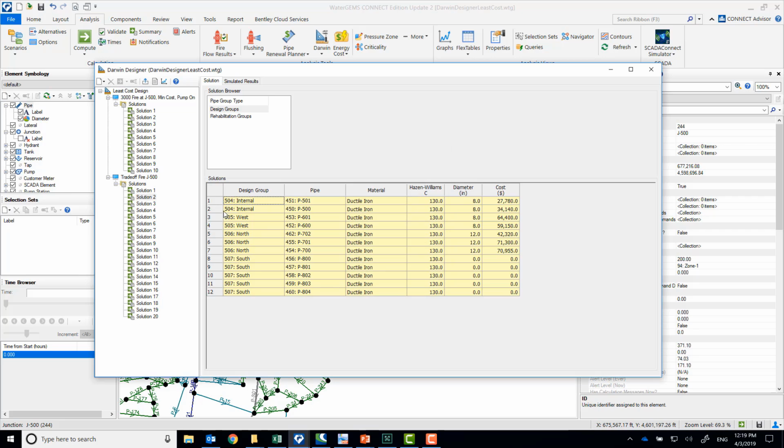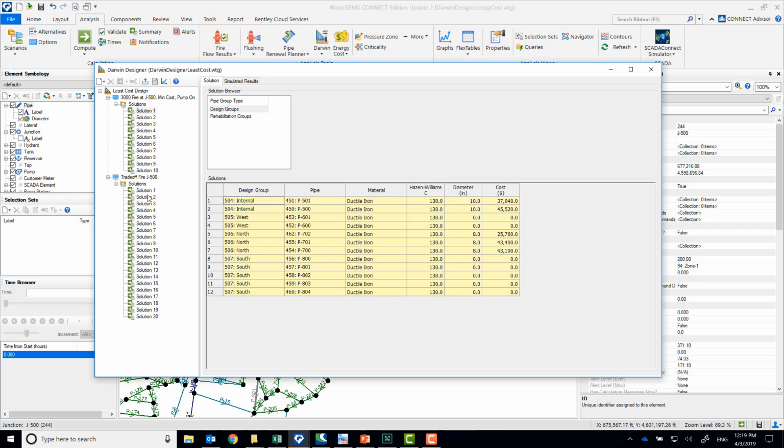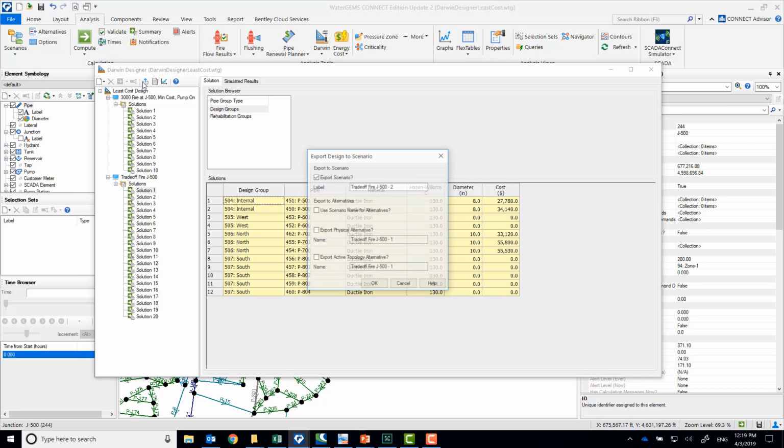So let me re-export those. Okay, so this is going to be this. I had already saved this name, so I'm going to just give it another name.